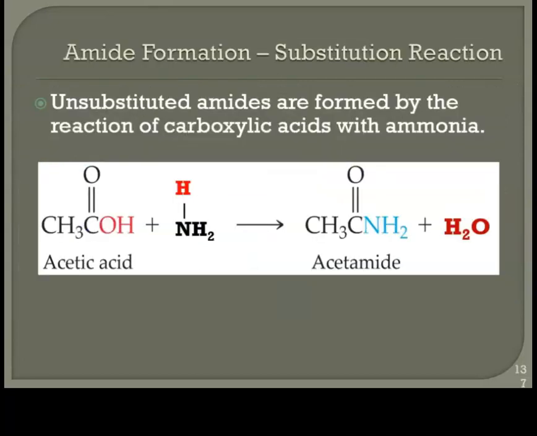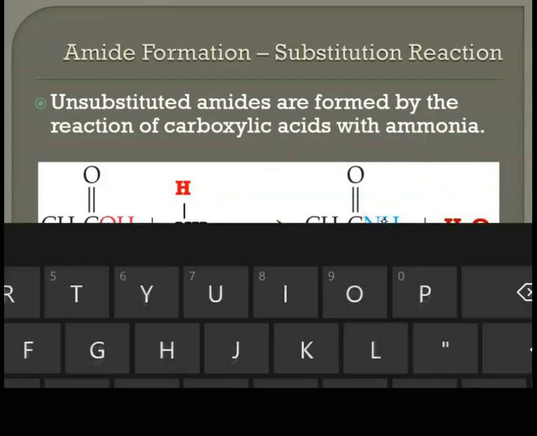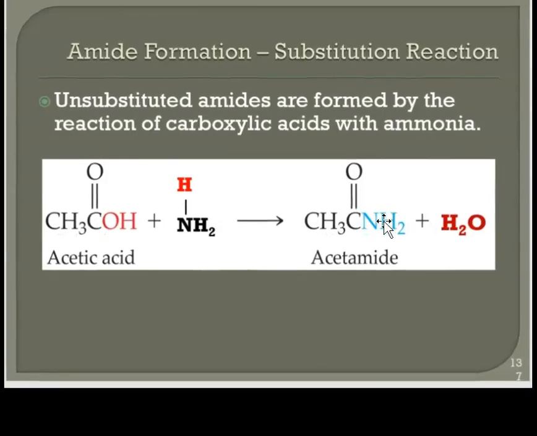So this is the same type of substitution reaction that we've seen in the past that we were looking at for esters as well. We're going to form water here. This OH and this H are going to come over here and form water. So remember, nitrogen's more electronegative than hydrogen. This electronegative element is going to be attracted to that hydrogen, and this one is going to be attracted to that carbon that's going to be partially positive.